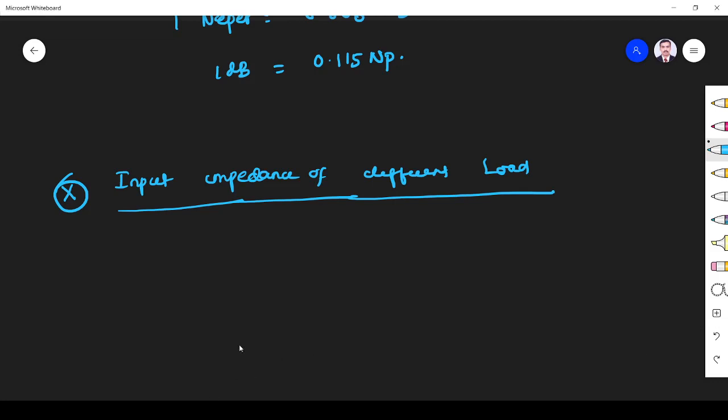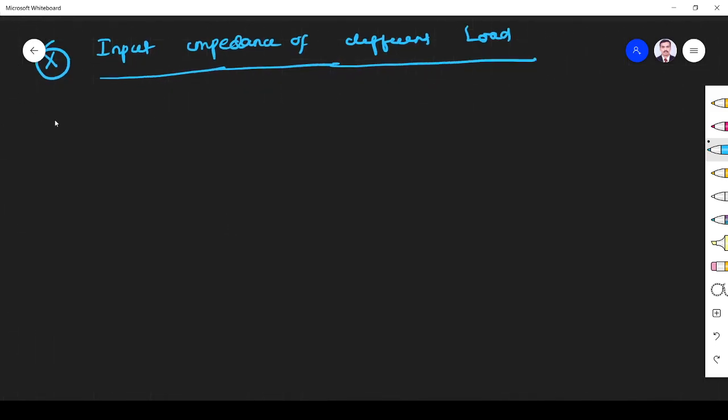Let us see this. Type of line. Here, what is input impedance?